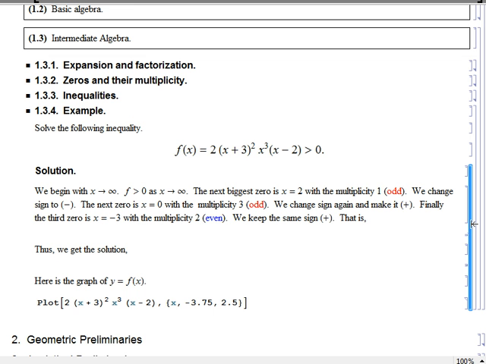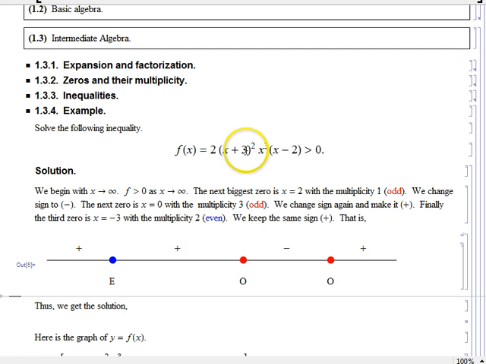Well, if I set the factors equal to 0, here it is: x equals negative 3, x equals 0, x equals 2 from the third factor. And then look at the multiplicities: 2, 3, and 1 respectively. I highlighted blue for even multiplicities and red for odd multiplicities.